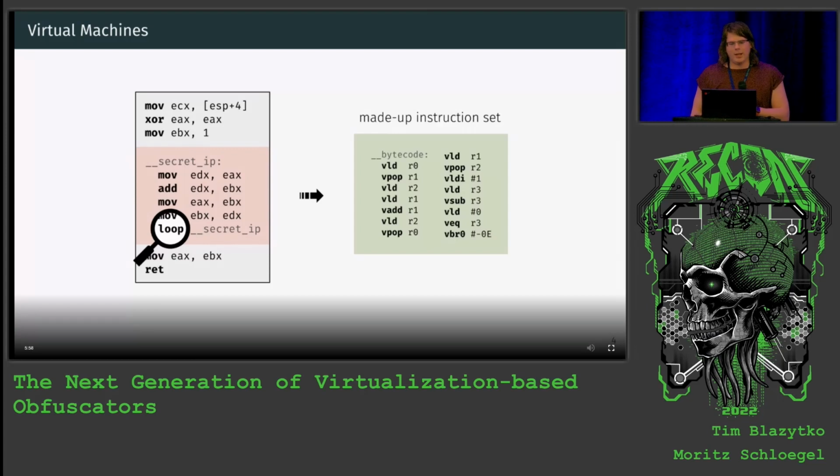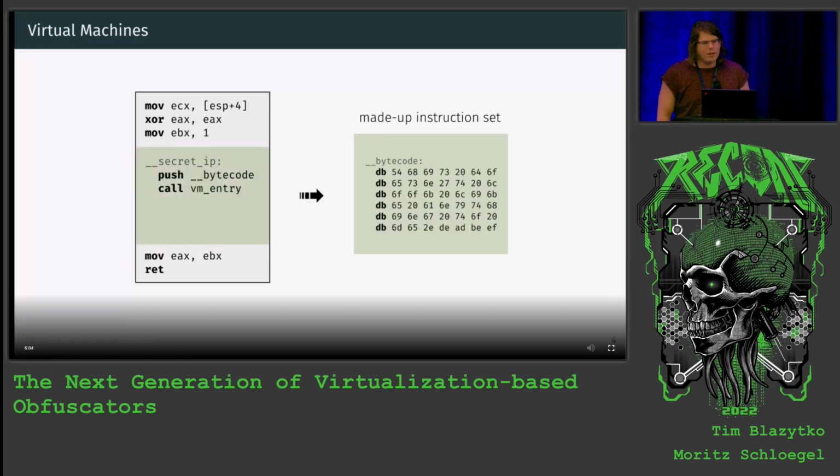On binary level, this is more or less some bytecode, which is then interpreted by a VM. So on the binary level, it looks like a sequence of random bytes. And on the code level, we push the bytecode and then call the VM entry.